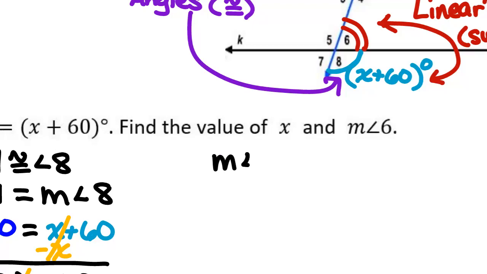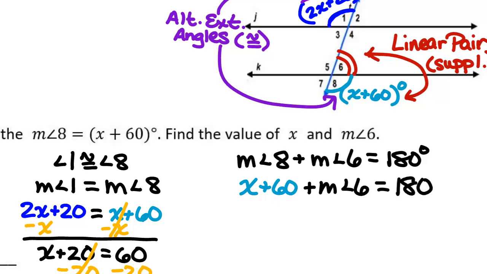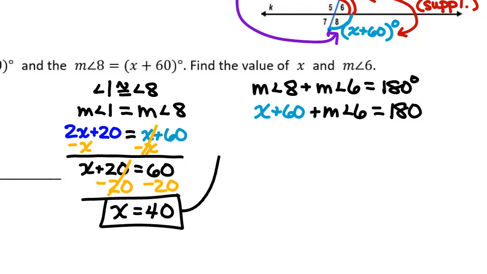So the measurement of angle 8 plus the measurement of angle 6 equals 180 degrees. So I get that x plus 60 plus the measurement of angle 6 equals 180. And we just found out that x is 40.